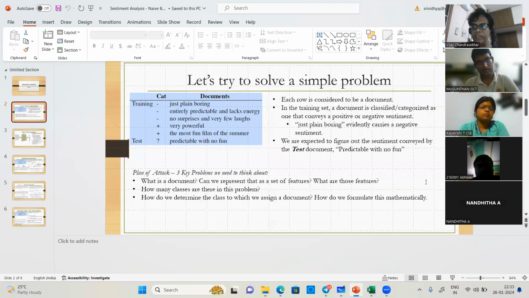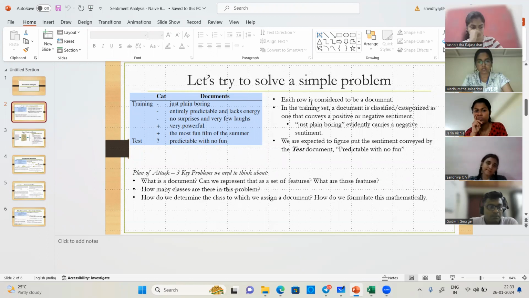Now the question is, given a document, can we predict a sentiment? So here is the test document: predictable with no fun. The question is, can we predict what is the sentiment associated with this document?